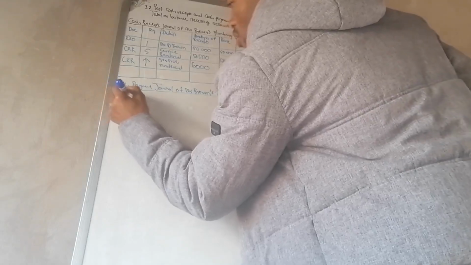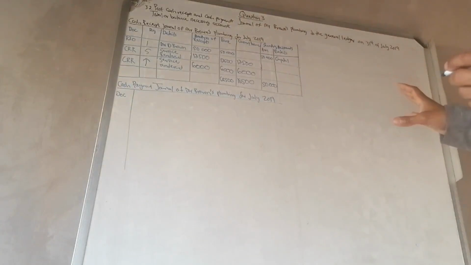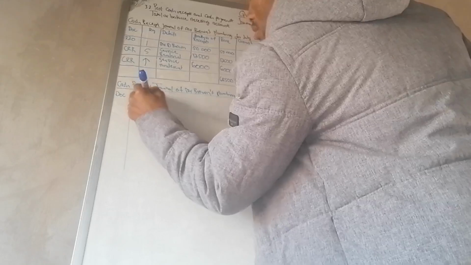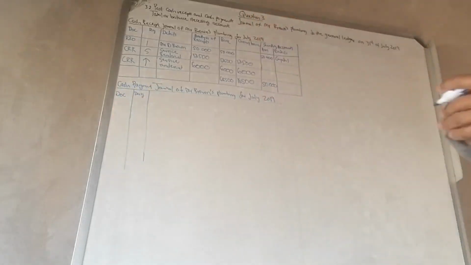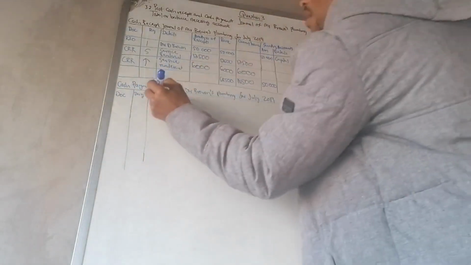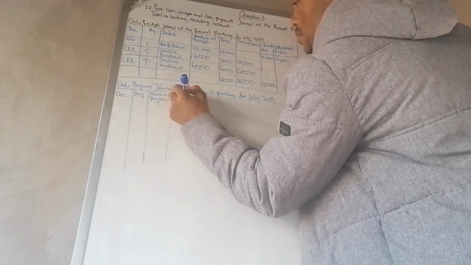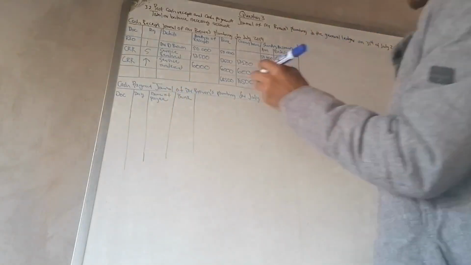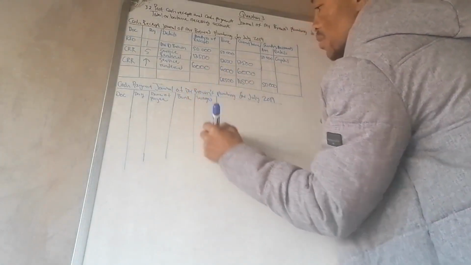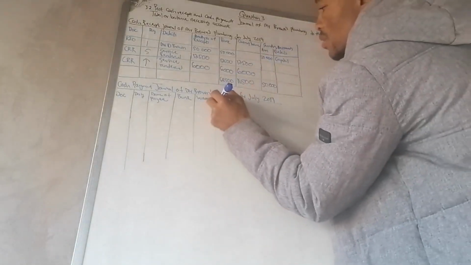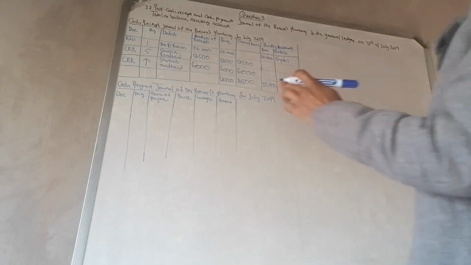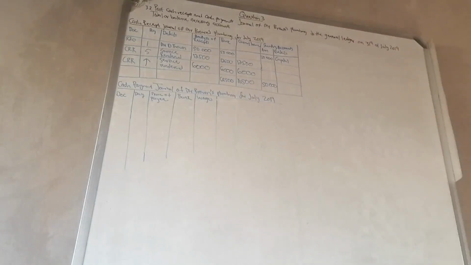We have the document number, the day, the name of the payee, the bank, the wages, the amount, and the sundry account after wages.